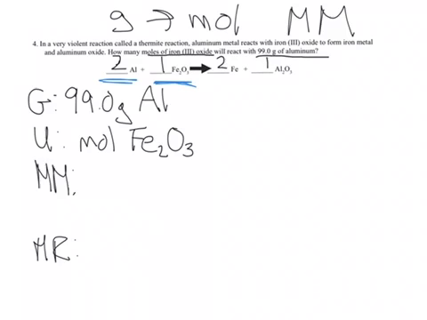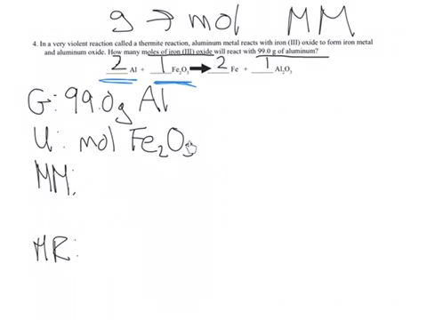Well, when you look at the problem, look at what substance the grams is talking about, because molar mass can only go from grams to moles of the same substance. Since we're given grams of aluminum, we are going to need the molar mass of aluminum.